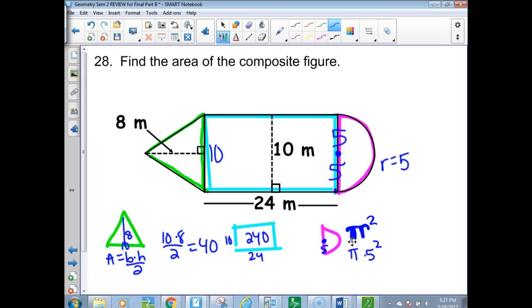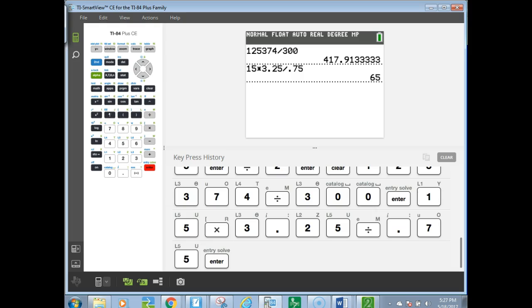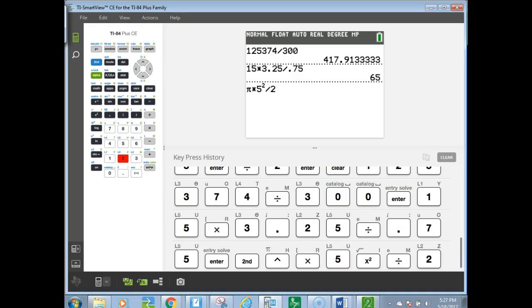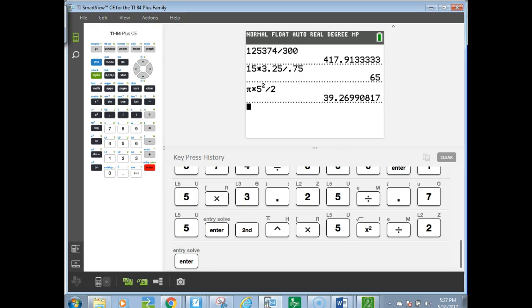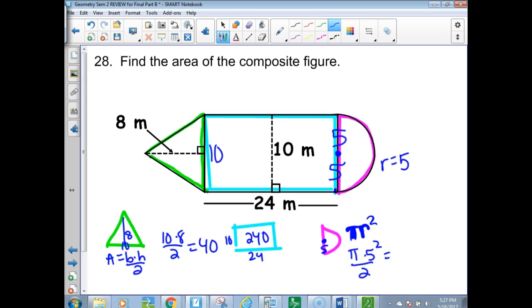The problem is I don't have a whole circle. That's the area of a whole circle. I have half of one, so I've got to divide that by 2. Pi times 5 squared divided by 2 is 39.3 for that piece.